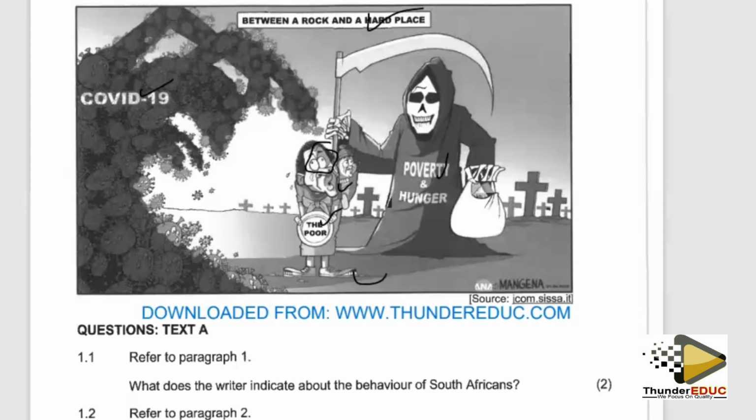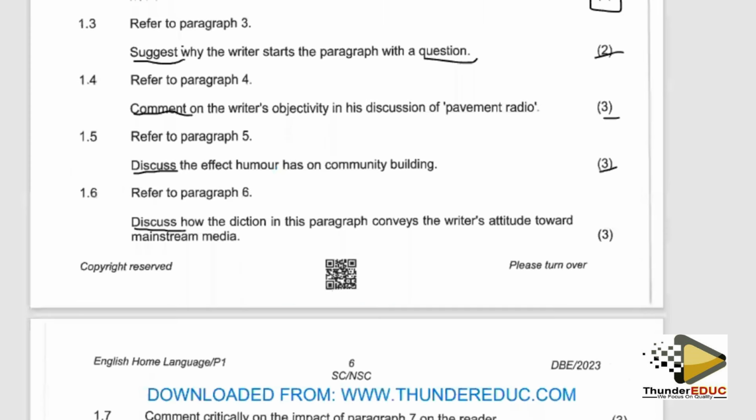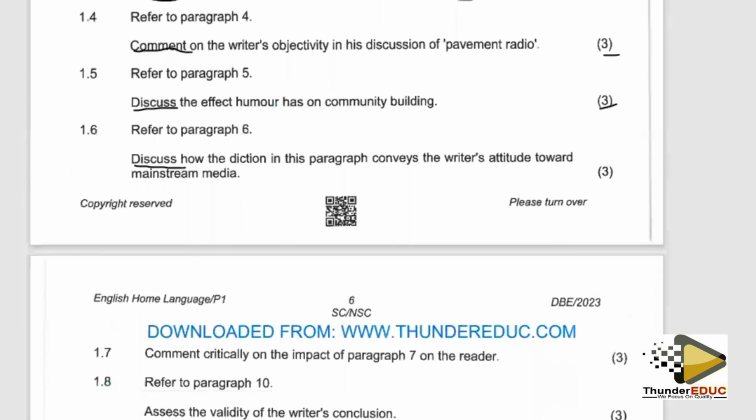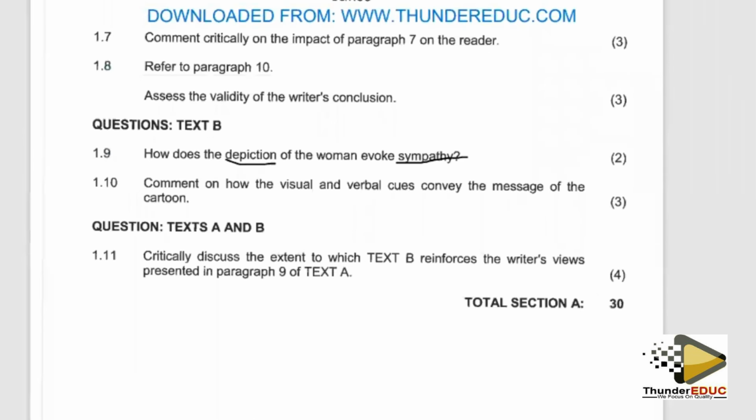So please do not discuss one and leave one. You realize that your answers are always having composite marks. We have 3 marks. The 3 marks, you must discuss both the visual and the verbal. So let's make sure that we break down our answers into the 2, which is the visual and the verbal.